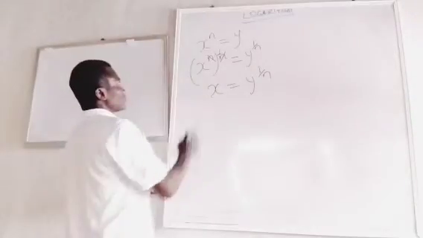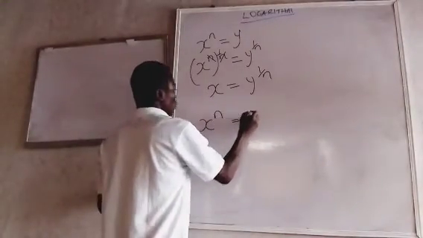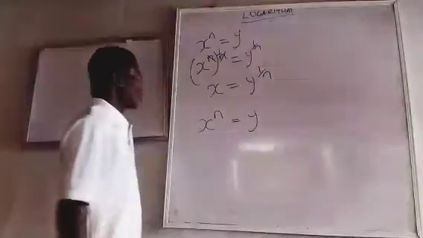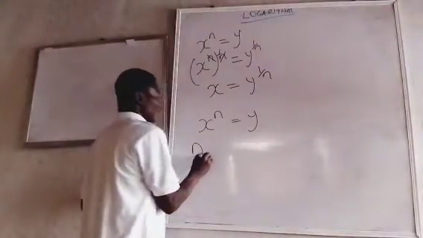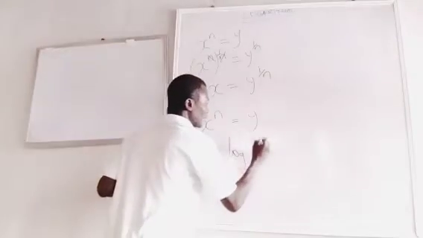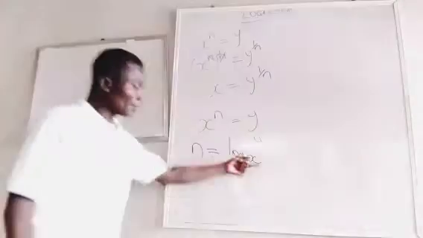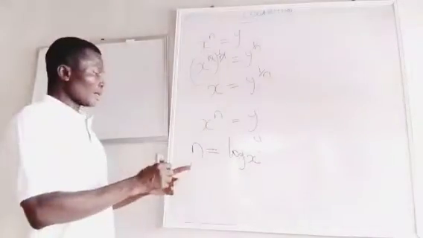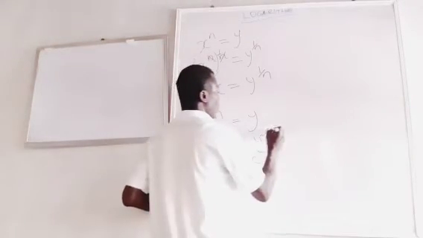How do I mean? When we have an expression like this, x raised to power n equals y, to bring in logarithm, we make n the subject: n equals log of y to the base of x. You can see, this x will now be the base here, and y will be the argument. Let me write it.